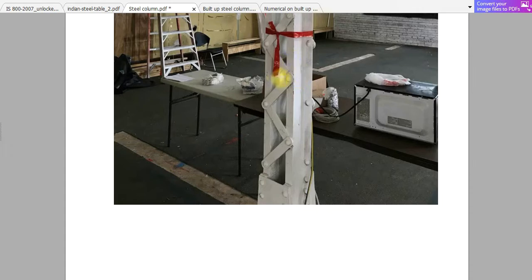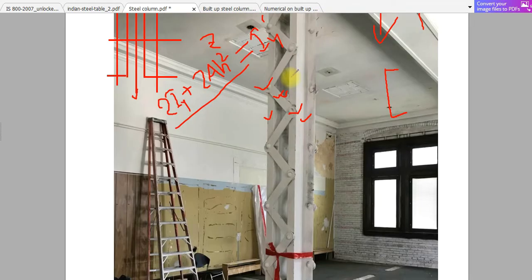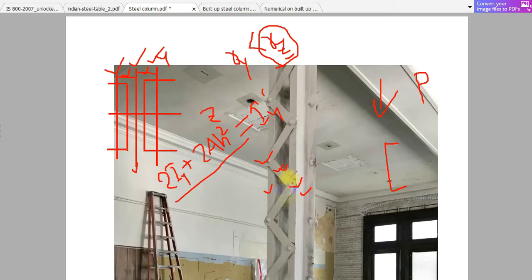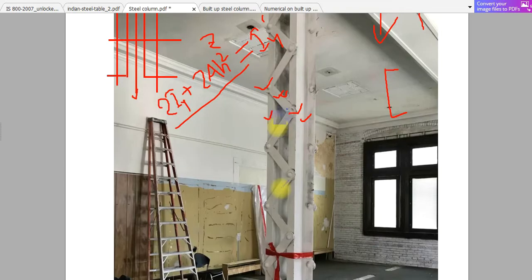That's why we place two sections at a particular spacing, and they are connected by the lacing system, thereby increasing the radius of gyration about this y-axis. That means we are reducing the slenderness ratio about this y-axis. You have to understand this very carefully, because this is the concept behind the built-up column. If you don't understand, then you should rewind this video lecture and understand this first, then proceed to the next part.